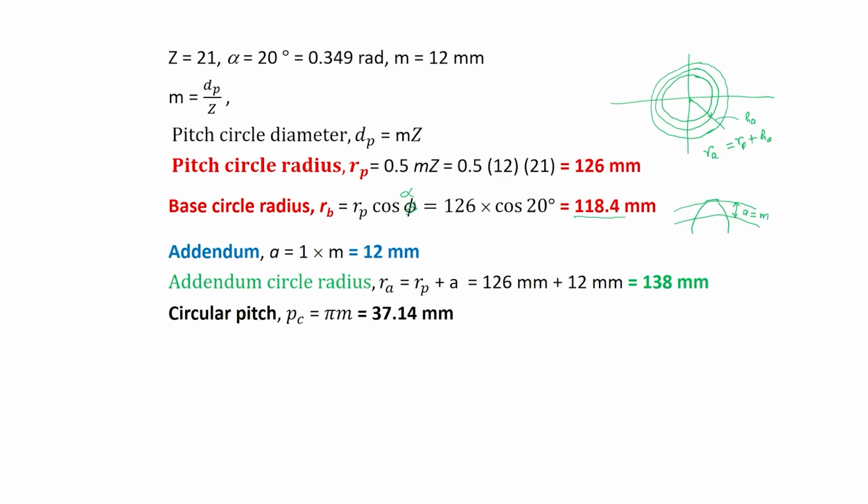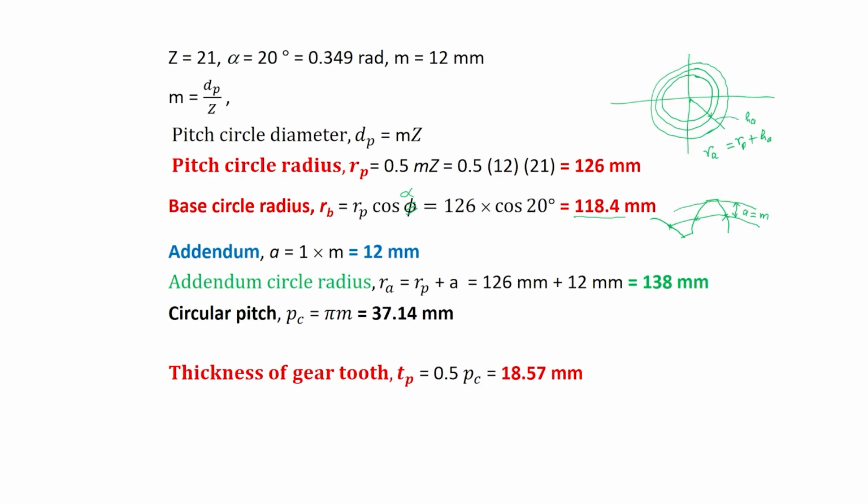So, circular pitch PC, the distance between two consecutive gear teeth, so the distance from this to this along the pitch circle is called the circular pitch, and which is equal to pi multiplied by module, which is 37.14 mm. The thickness of the gear tooth is defined along the pitch circle.